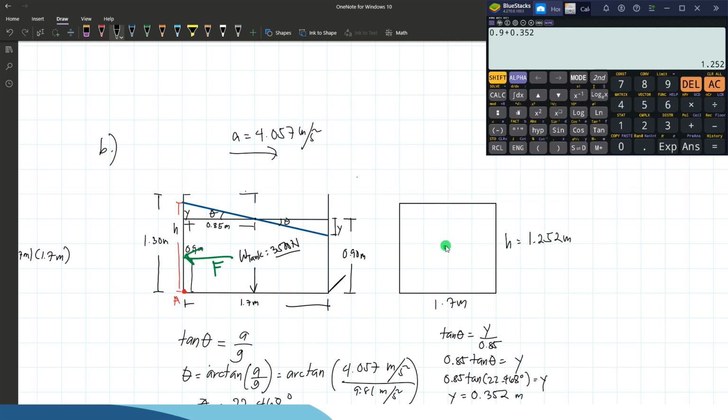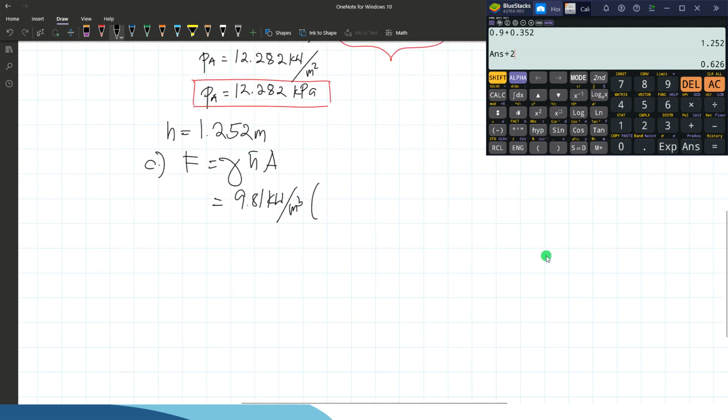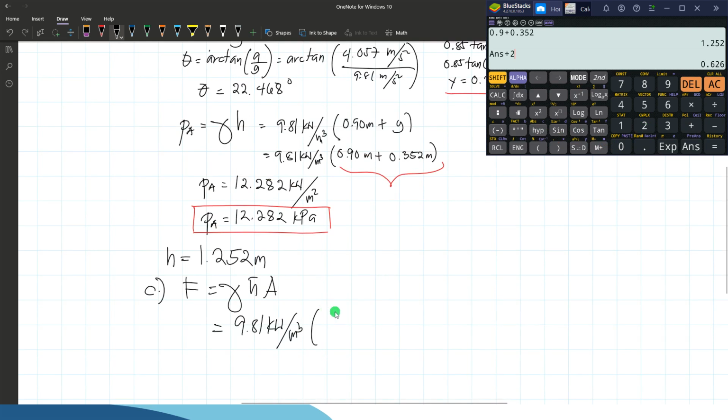So the bar h is just at the center, from the center going to the liquid surface, so just take half of 1.252. Divide this by 2, that's 0.626. So for bar h, that's 0.626 meters multiplied by the area.